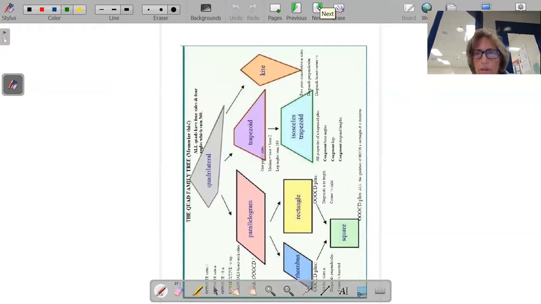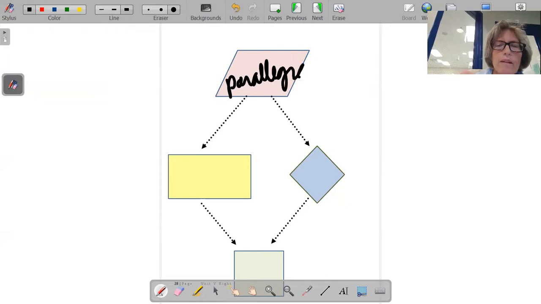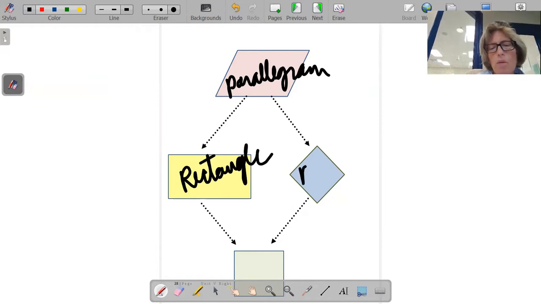So here's your quad family tree. This is what we're ultimately shooting for. So here you have a parallelogram. And both a rectangle and a rhombus qualify as a parallelogram. A rectangle is a parallelogram with 4 right angles.